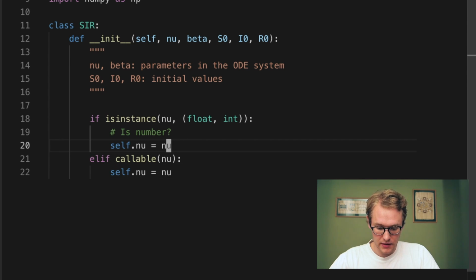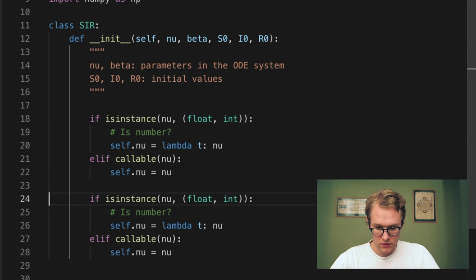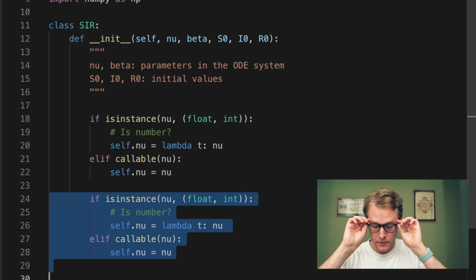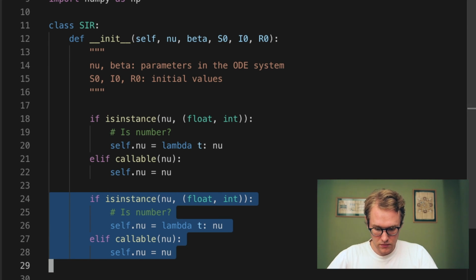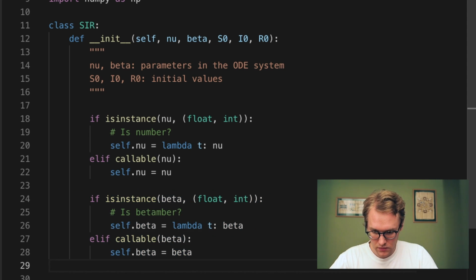So in order to make this work, if it's only a number, we will make it a function. This is a lambda one-liner function, so for any t you put in, you get the same nu out. And we'll do the same for beta. Good. Oh, just remove that.